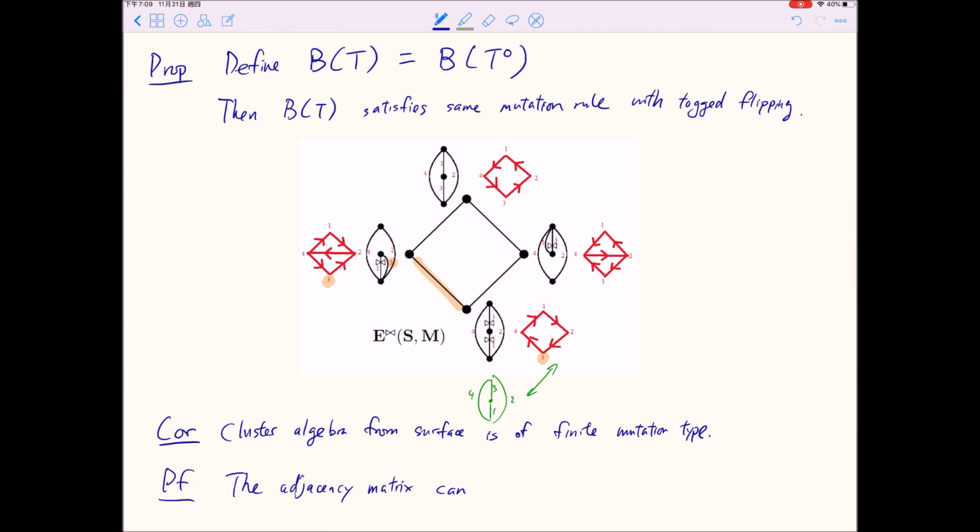So in particular, they can only take value 0, 1, or 2. This means that you can only have finitely many different triangulations of a surface.